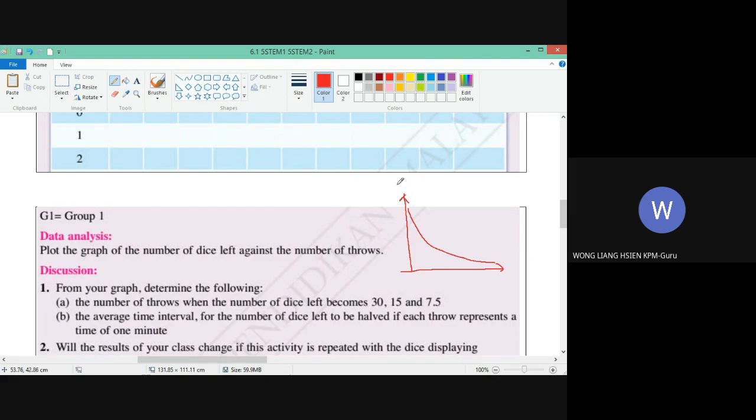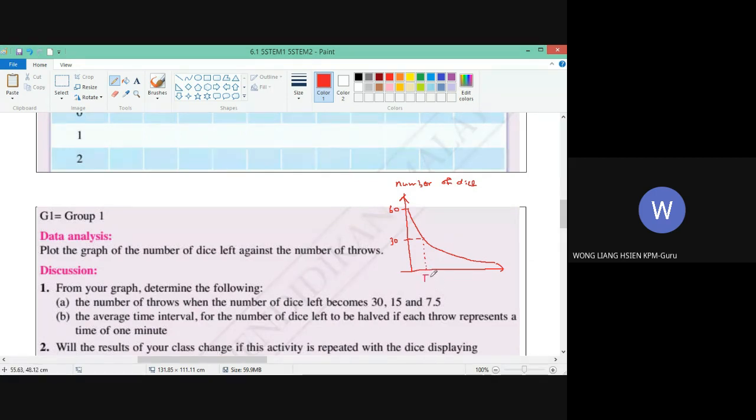So this is the number of dice. To find the half-life of the dice, we find how much time it takes. For example, 60 dice, you throw and you will get less and less. So you find, when 60 dice change into 30 dice, what is the time?